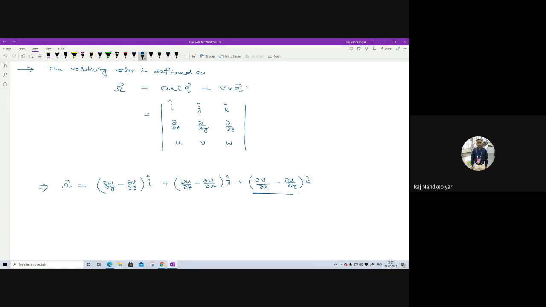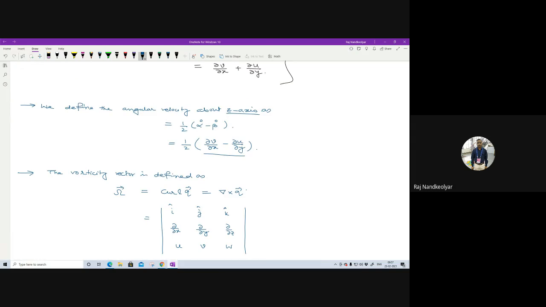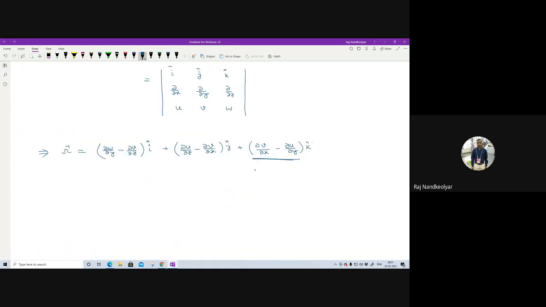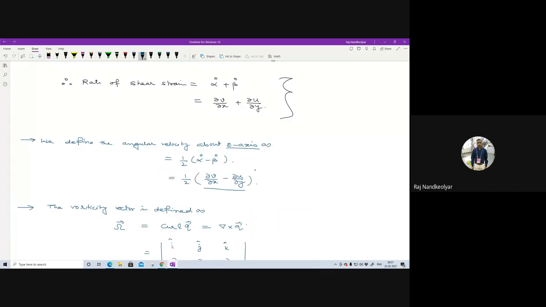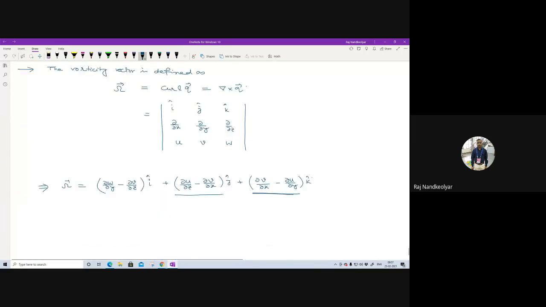Similarly, if you take a two-dimensional element and consider rotation about the y-axis, this will be your angular velocity multiplied by half. And again, along the x-axis, this will be your angular velocity.